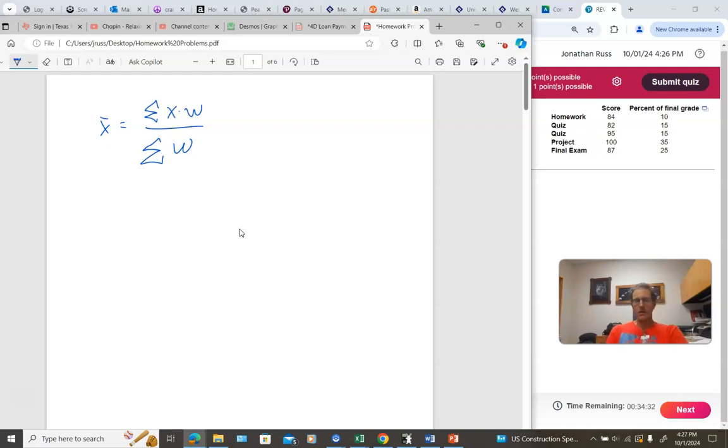Okay, if you remember from your notes. So really what we're doing is we're going to multiply each score by the weight, okay? And then we're going to add up all those products. Now you want to make sure that these percentages are converted to decimals.